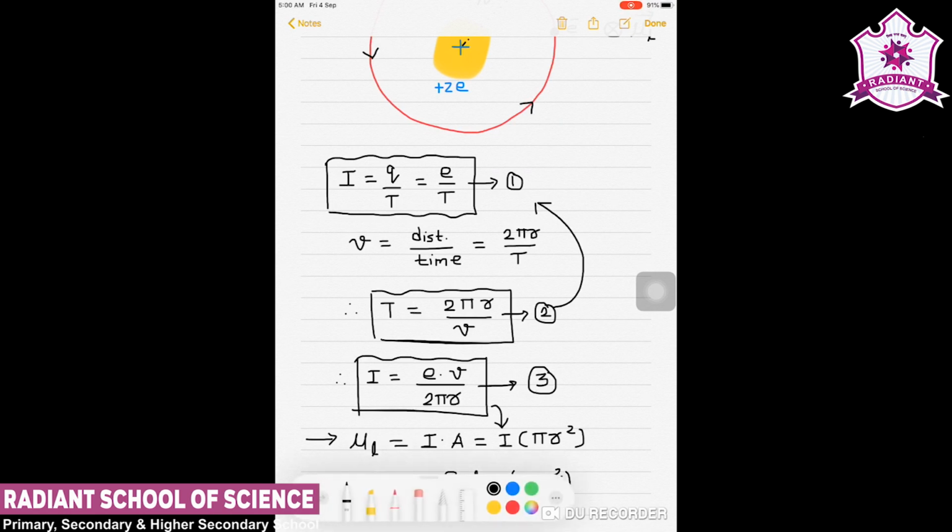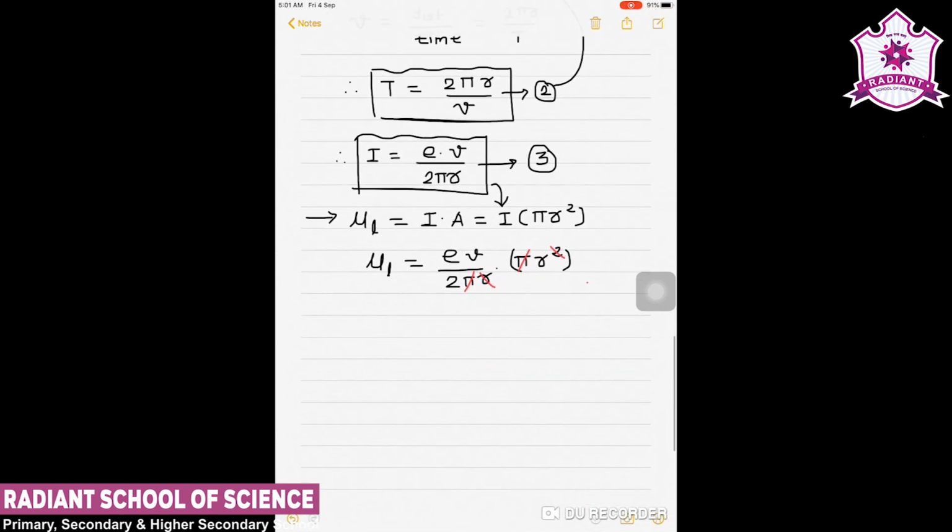To solve this we have to simplify it. The term pi is cancelled, and one r will be cancelled out. Due to this, we have a new equation for mu L, the dipole moment, which is represented by E V into r upon 2.